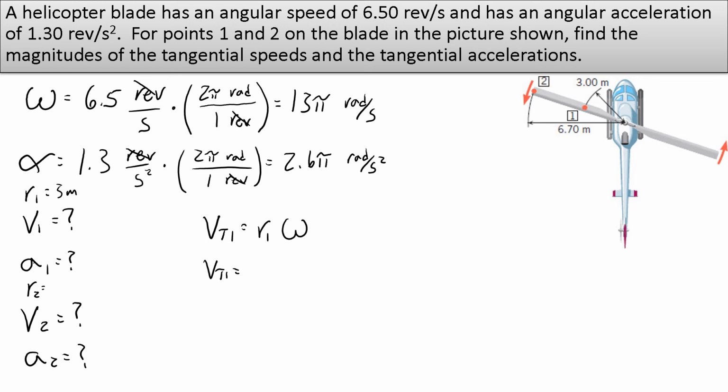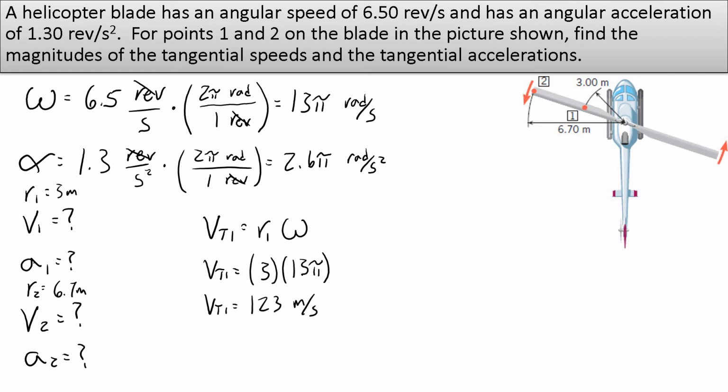R2 is equal to 6.7 meters, okay? So this is 3 times 13 pi. And your tangential velocity is 123. What are the units for tangential velocity? What do you think? It's velocity. It's just meters per second, okay?